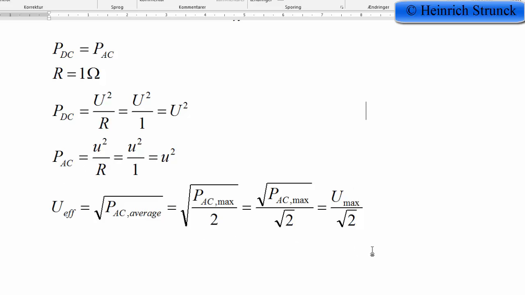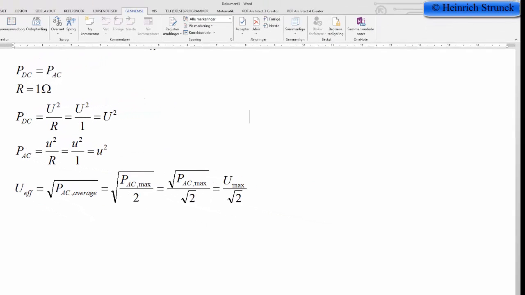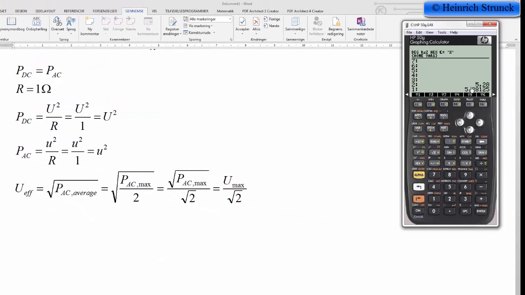So that's the formula, and now we can try to calculate and see if it's correct. We have here the average of the power, and the power for DC is the voltage squared, so to get the voltage we have to take the square root of the power.